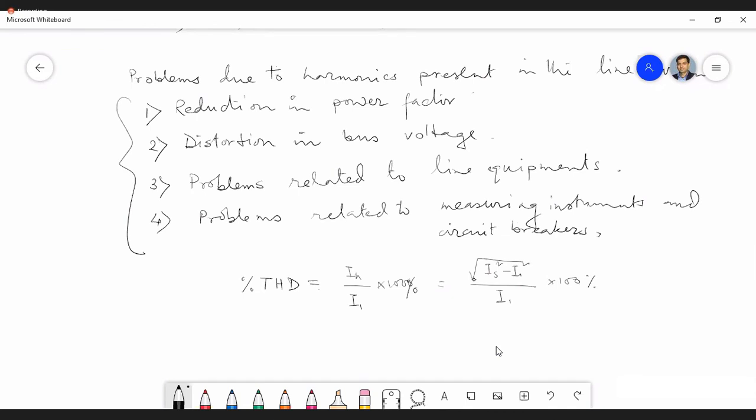Okay, with respect to the fundamental, what is the total harmonic content in that current, in that source current, or it can also be measured for voltage.